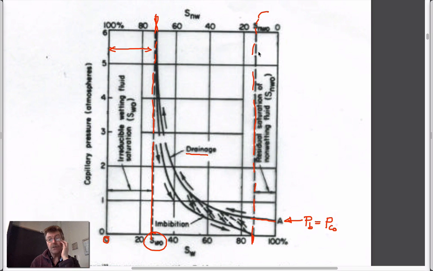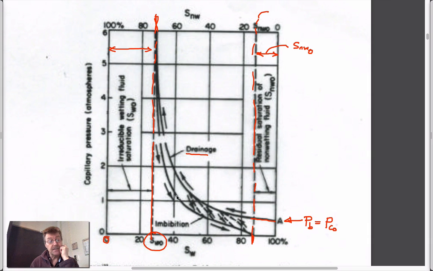And once we've invaded it with another fluid such as air or gasoline or a NAPL organic component, this is the maximum amount that will always be left in the system after that.